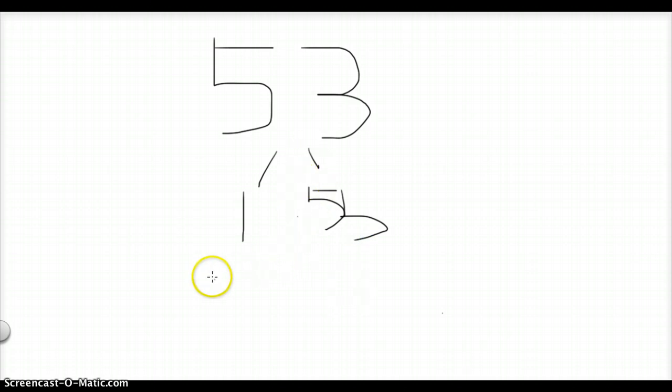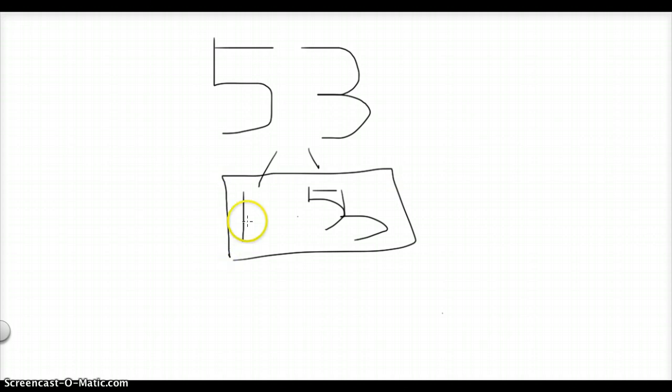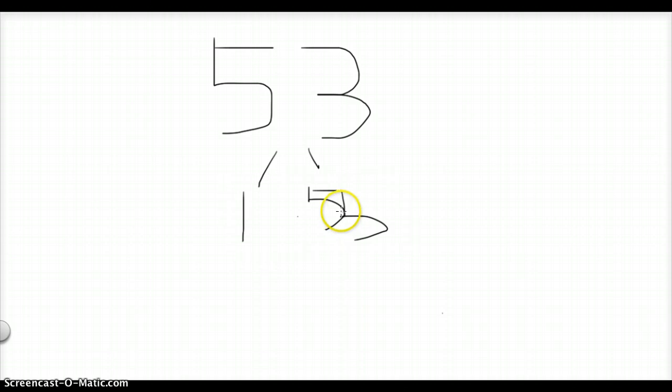Therefore, if a number has only two factors, which are 1 and itself, it cannot be a square number, because if a number is square, it must have two same numbers as a factor. To answer the extra information, yes, 53 is square free.